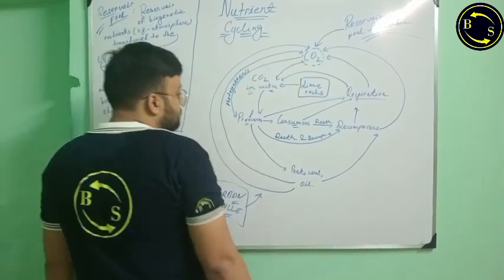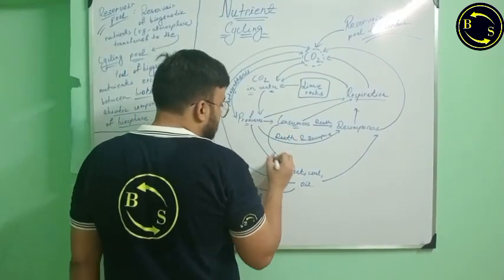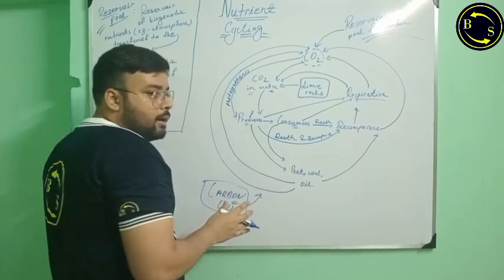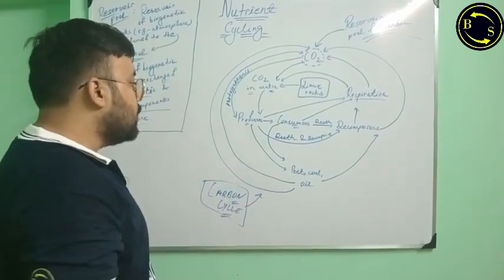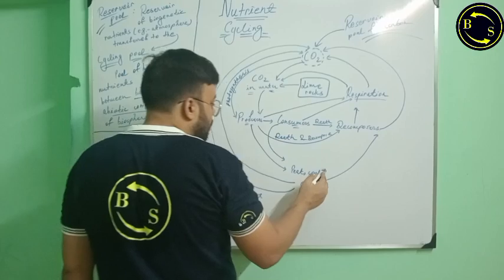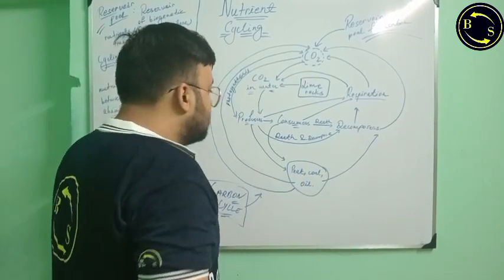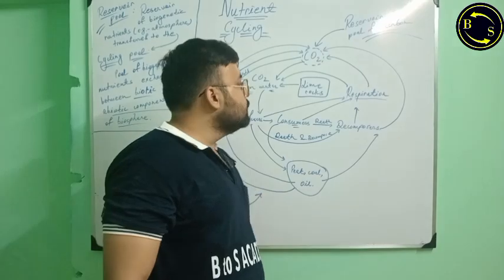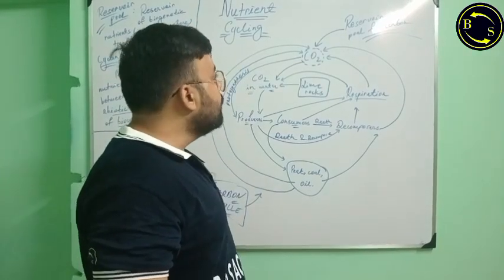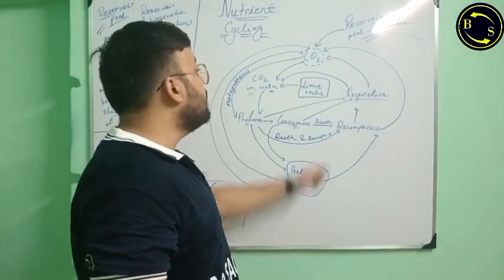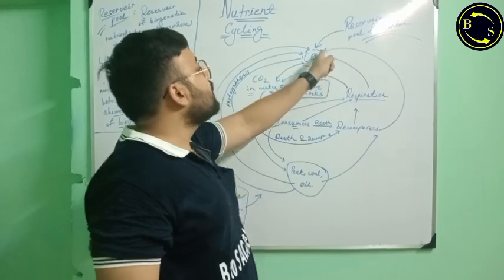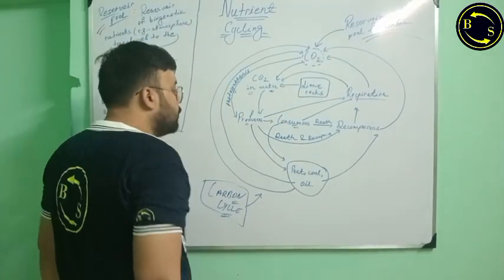Again, when the producers die, when the consumers die, they get buried under the soil and they form peat, coal, oil and natural gas. These are also broken down by the decomposers, releasing the carbon dioxide and in turn releasing the carbon into the atmosphere or the reservoir pool.